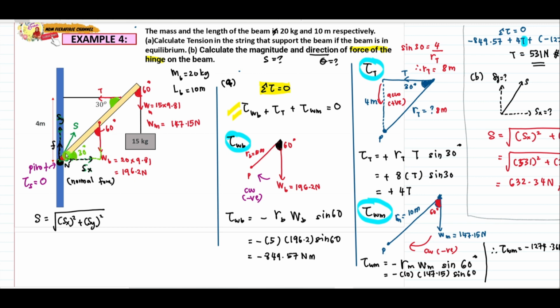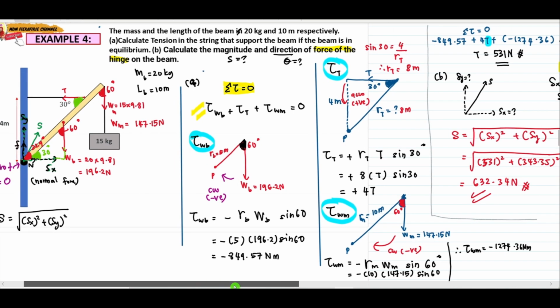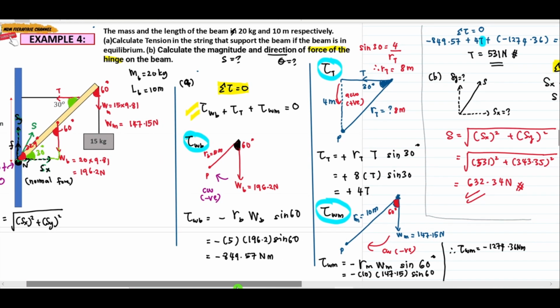Okay, so the direction is 32.9 degree above positive x-axis, and the magnitude of the force of the hinge on the beam, atau nama lain dia adalah supporting force ataupun reaction force, okay, on the hinge adalah 632.34 Newton yang kita dah kira tadi kat sini. Okay, so finish example number 4. So let's proceed to example number 5.